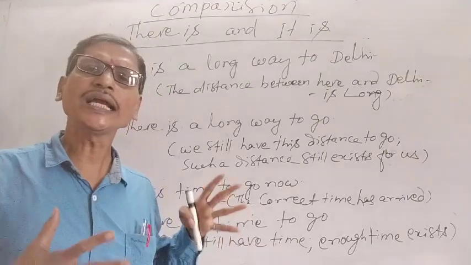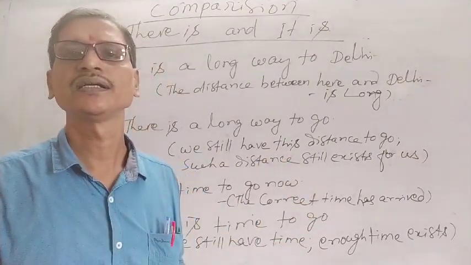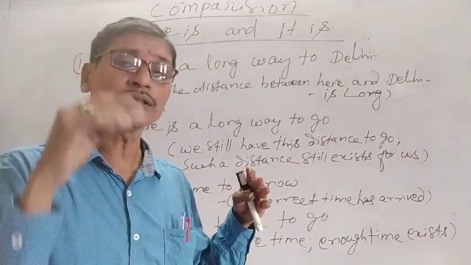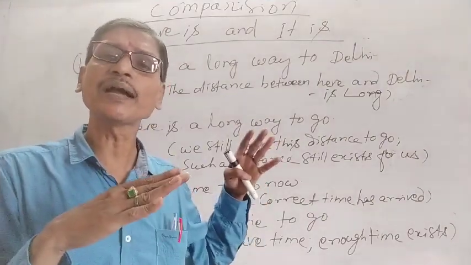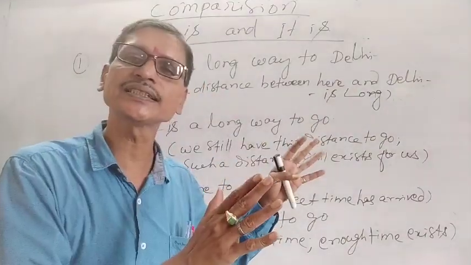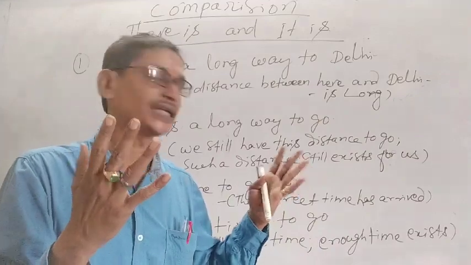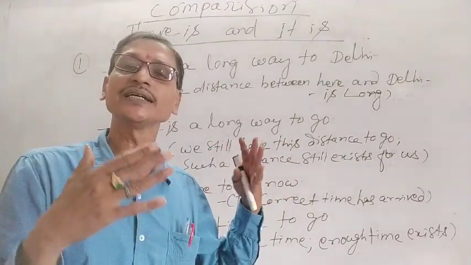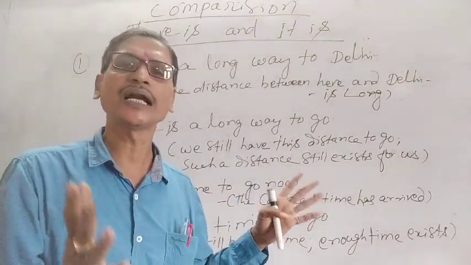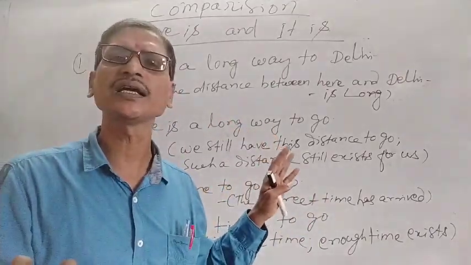See, when we are comparing between "there" and "it", we already understood "there" is for expressing presence or existence. "It" is used as impersonal "it", that means for non-living things, and for talking about time, distance, temperature, weather.